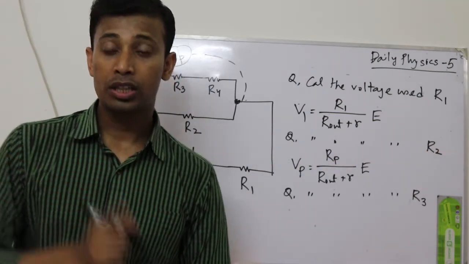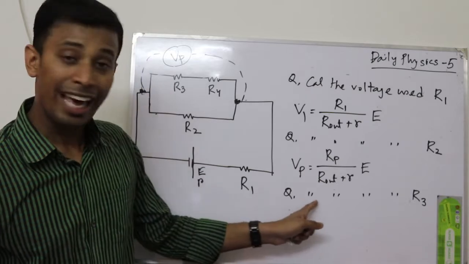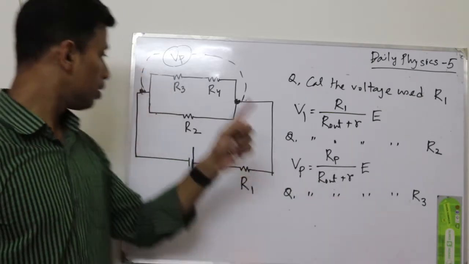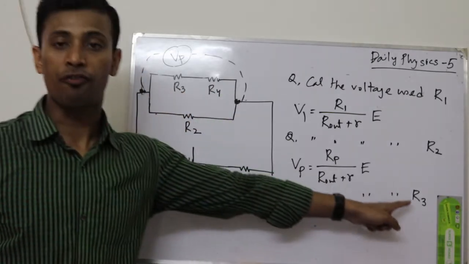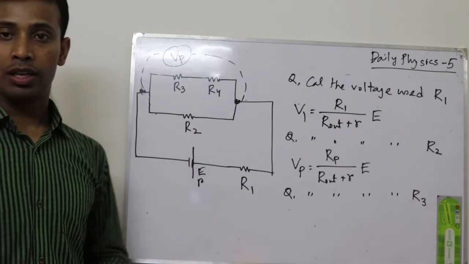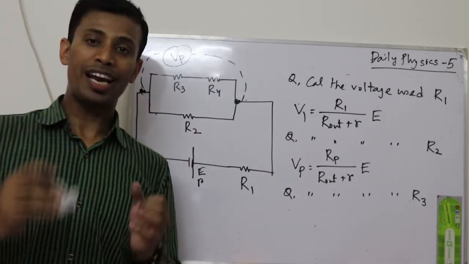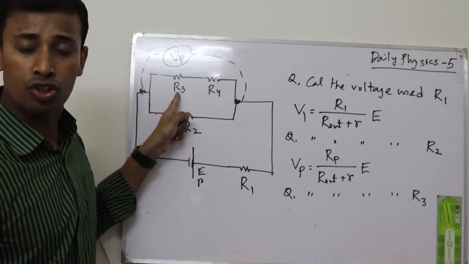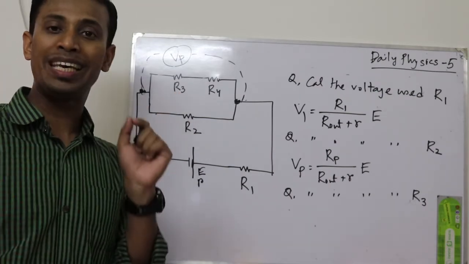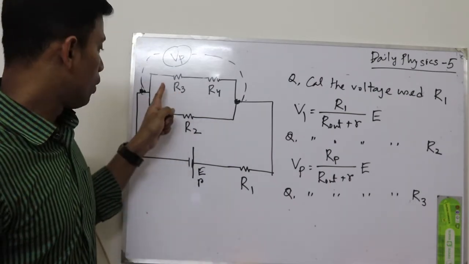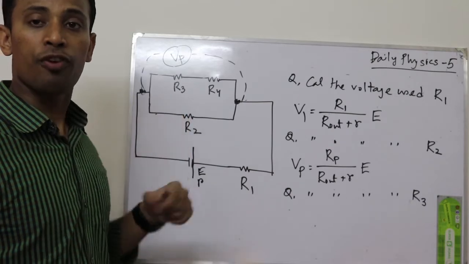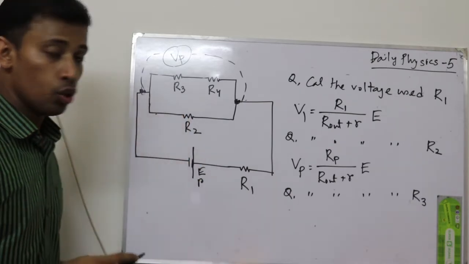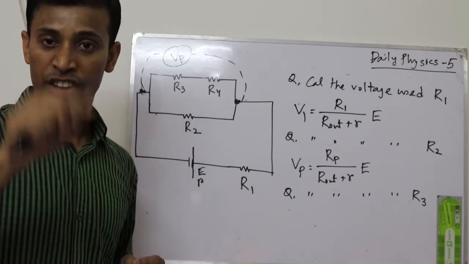But what if the question says to calculate the voltage used by R3, that means this one, or R4, that means this one, then what will we do? So let's figure out where R3 is. R3 is not a part of the main line, so it will not be the E divide law. R3 is a part of a parallel line, and for a parallel group we use Vp.